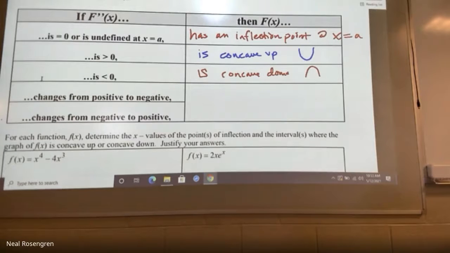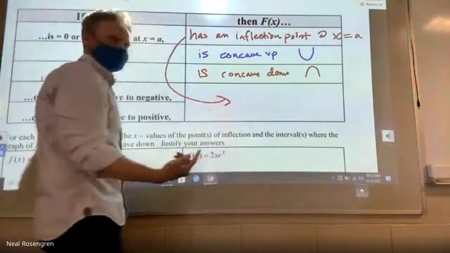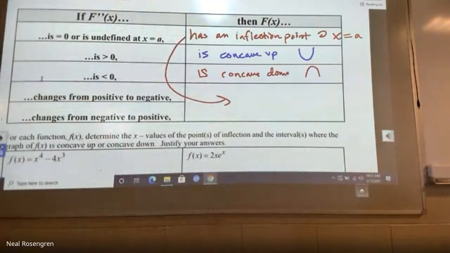What if we change the second derivative's sign from positive to negative or from negative to positive? What's the only way to do that? We've got to go through an inflection point to do it, right? Kind of like when we went from increasing to decreasing, we had to go through an extrema or vice versa. Absolute same thing. When we see that change happen, if we were to do that sign analysis and not even know where an inflection point is, if we see it change, we know we had to go through an inflection point.